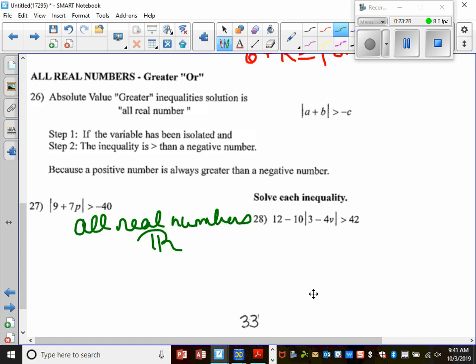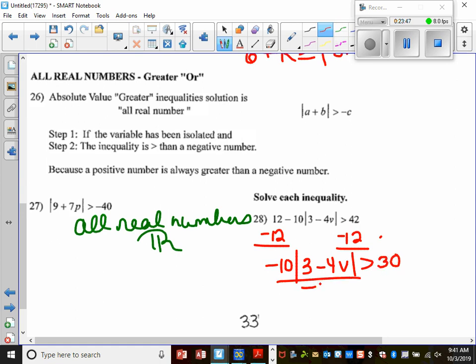Okay, so let's work out number 28. That'll be the last one we do. So we're going to subtract 12. So I'll have -10 times the absolute value of 3 minus 4v is greater than 30. Okay, then we'll divide by -10.